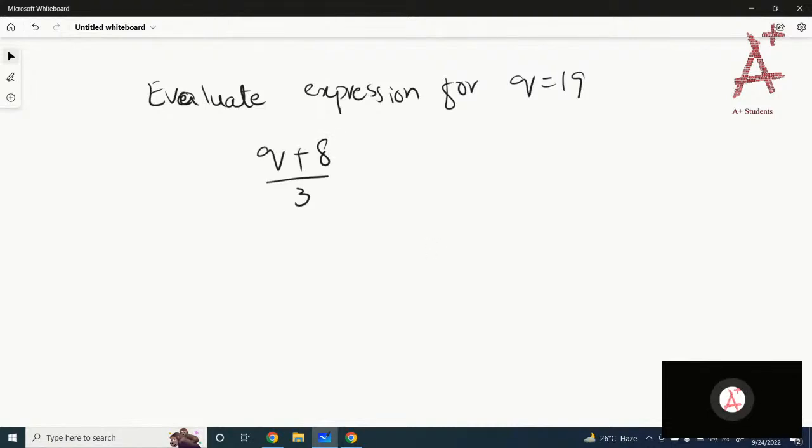So just plug in the value of q in the expression. Q is 19, so it would be 19 plus 8 over 3. 19 plus 8 is 27 by 3. So you can divide 27 by 3. 3 times 9 is 27. So the answer is 9. Got it?